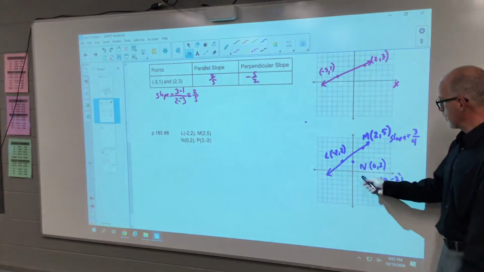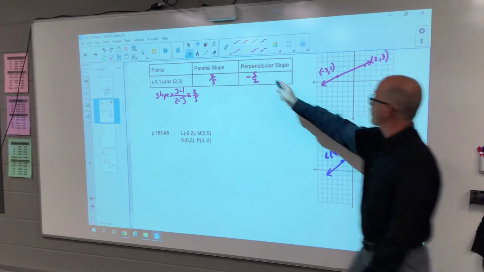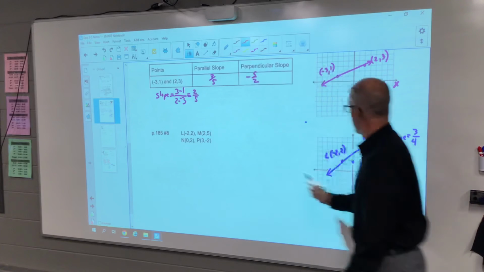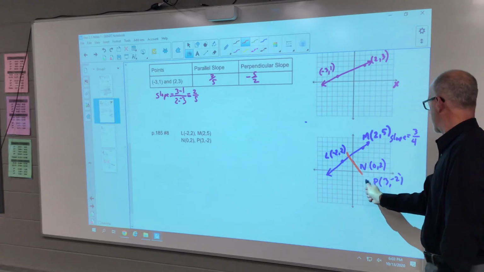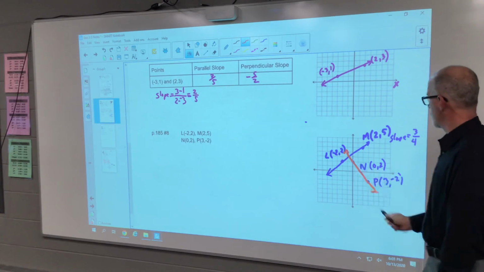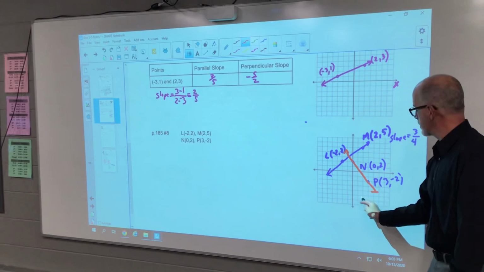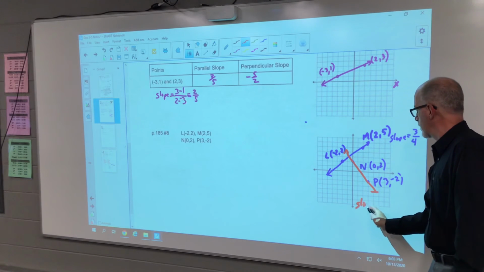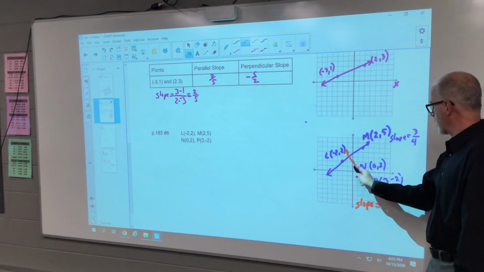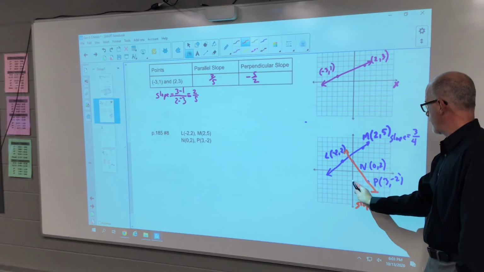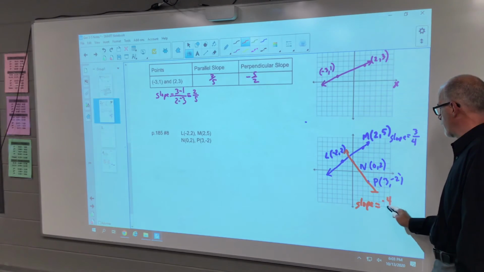Now let's try this one. Let's connect these guys with a different color. So this one, I would rise from my slope. I go down 1, 2, 3, 4. So that's a negative 4 for the rise.